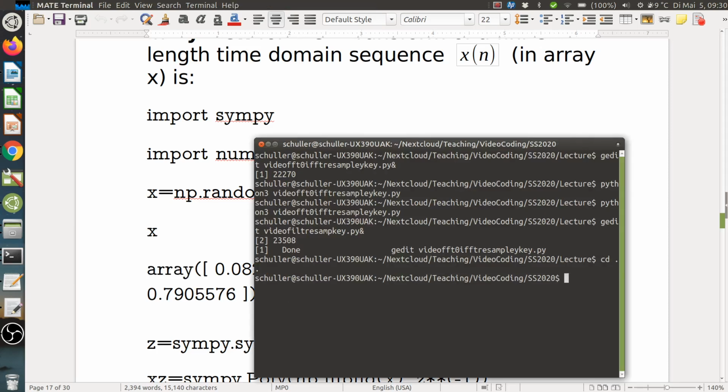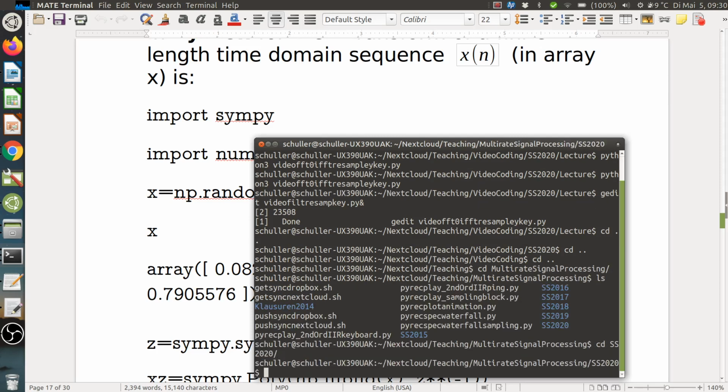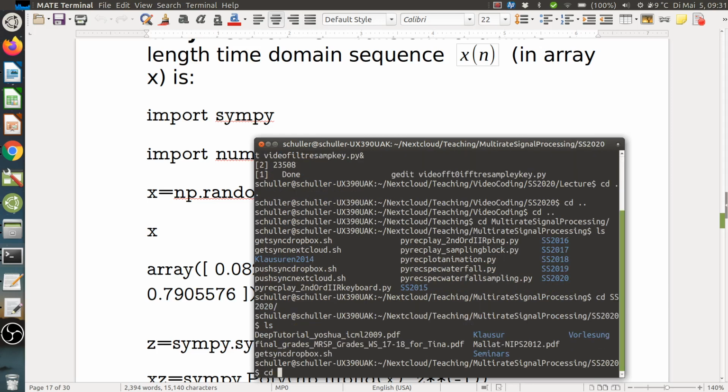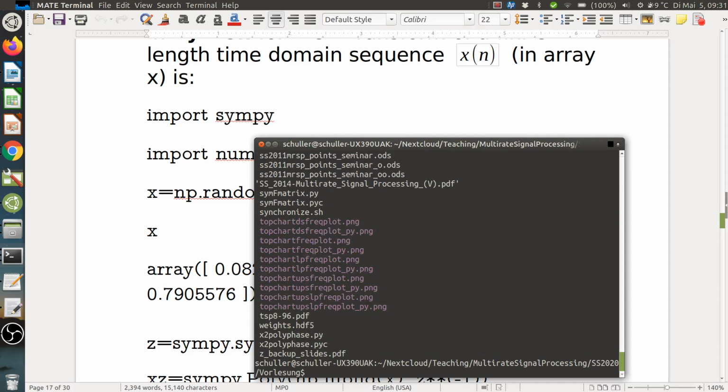So let me first go into the suitable folder, cd multirate. Okay, so here we go. Then Python 3.